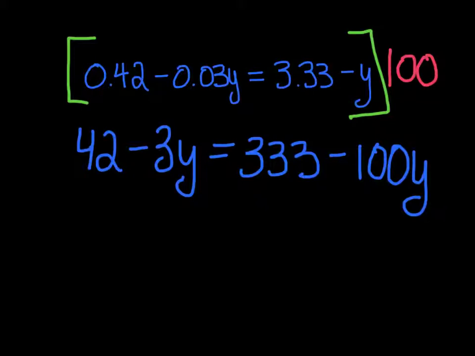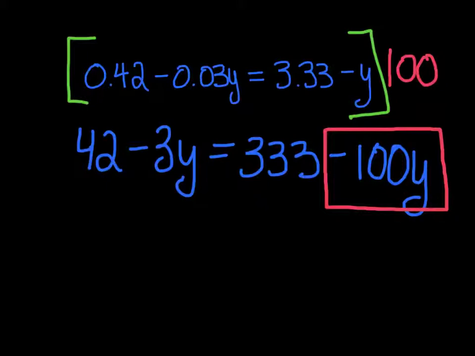Whatever symbol is directly to the left of any term is essentially attached to that term. I could draw a box around my 100y and include the subtraction sign in front of it to reinforce this idea that minus 100y is a unit. I can't separate my 100y from the subtraction sign.